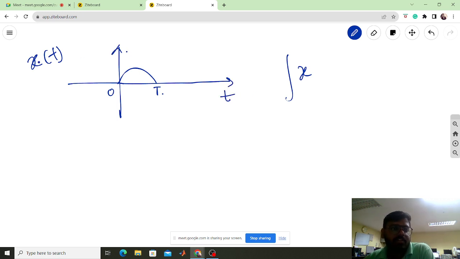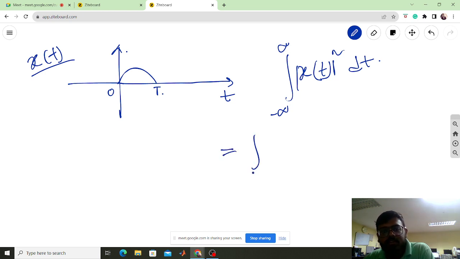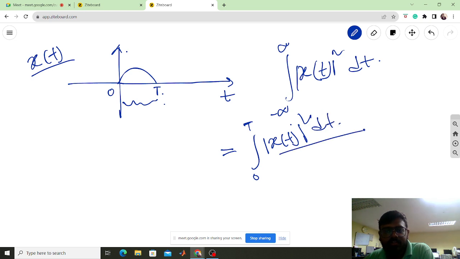The y-axis is the amplitude of x(t). If you take this signal and do a mod square from minus infinity to infinity, this is equivalent to doing the integration over the time 0 to T. So basically this is a time limited signal, and the integral of mod square dt will come out as a finite quantity.